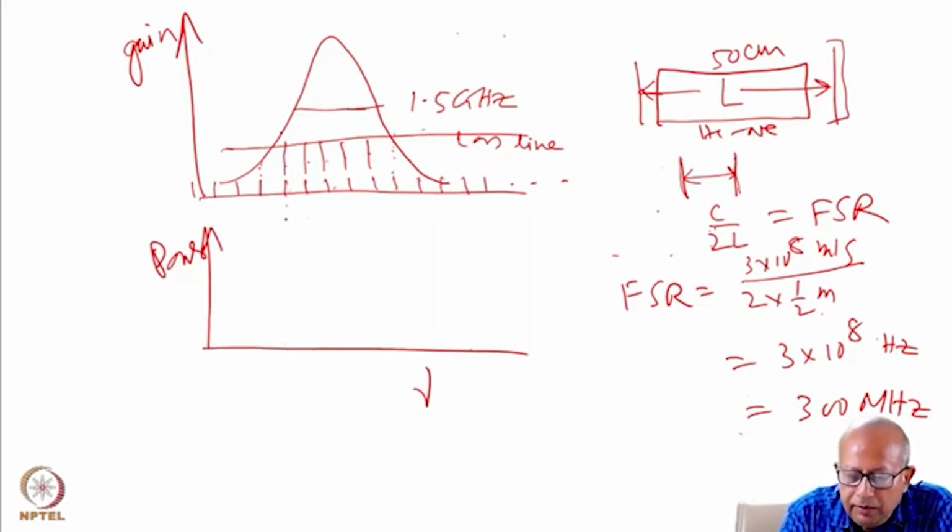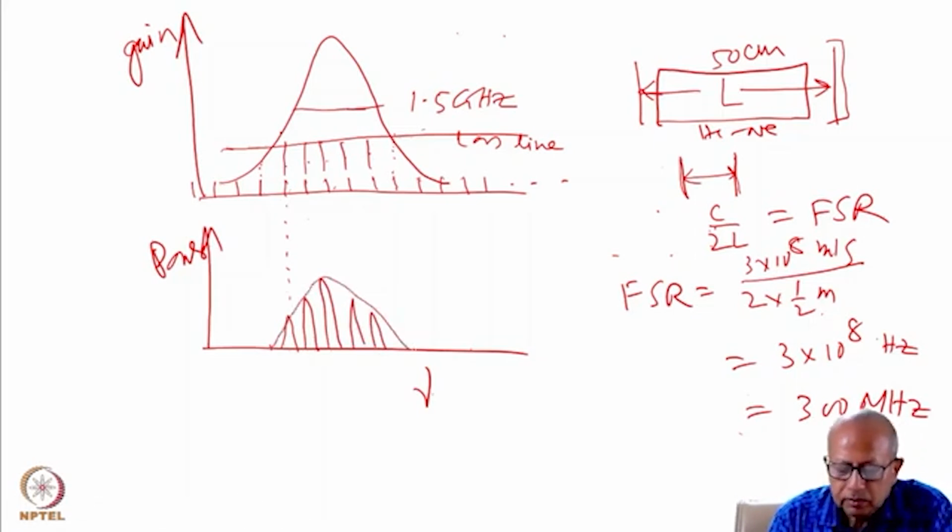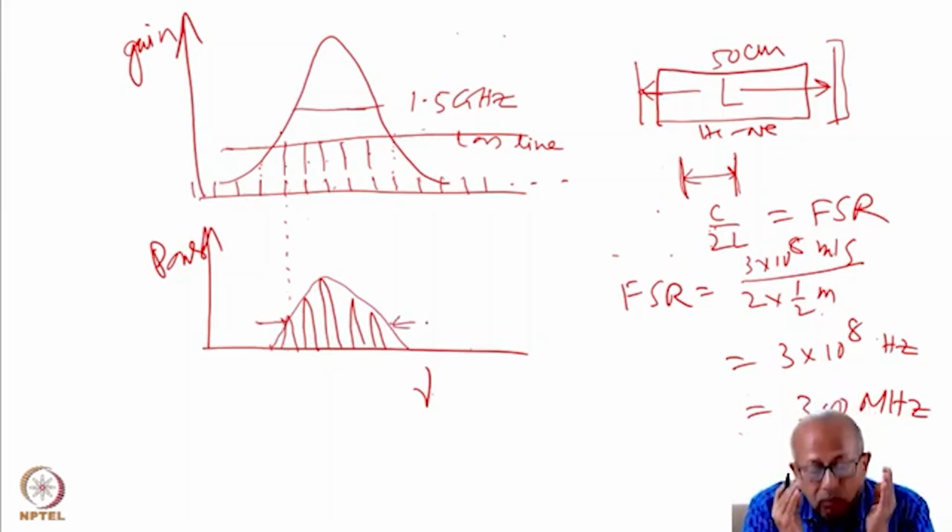The mode with higher power will also give higher output. So there will be lasing on all these 5 modes. It is a multi-mode laser, and the emission width of the laser is pretty high. So it is not a very highly monochromatic laser.